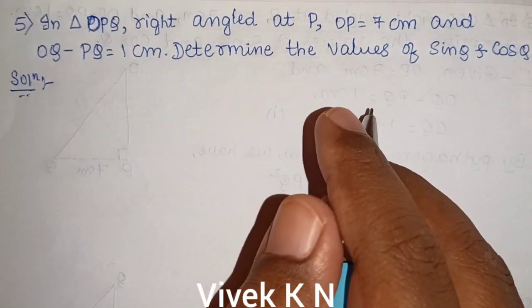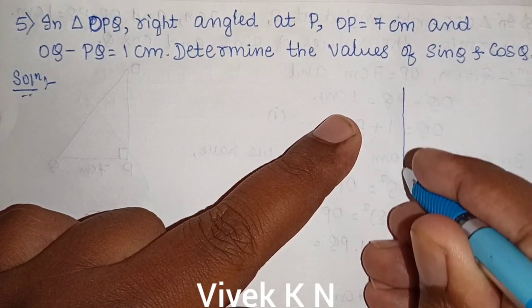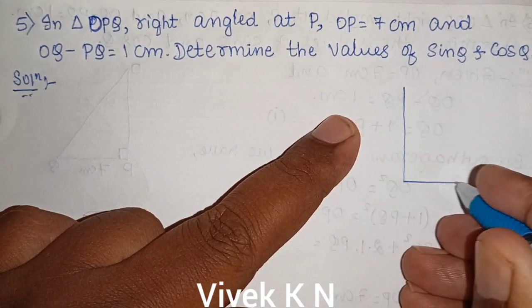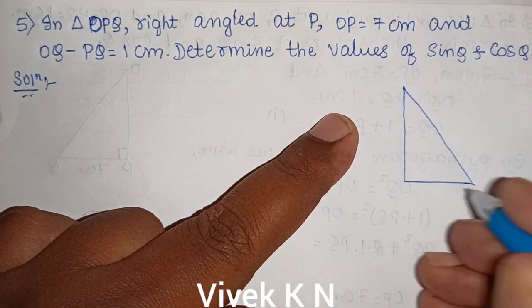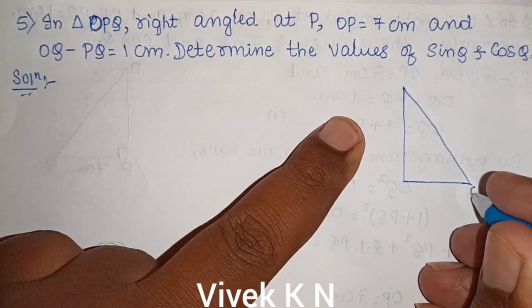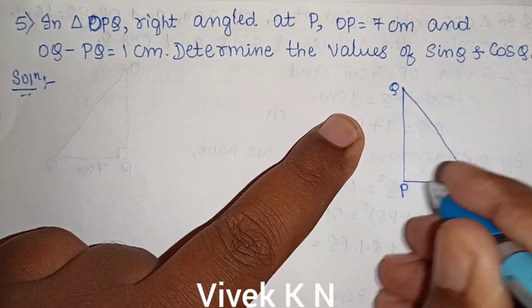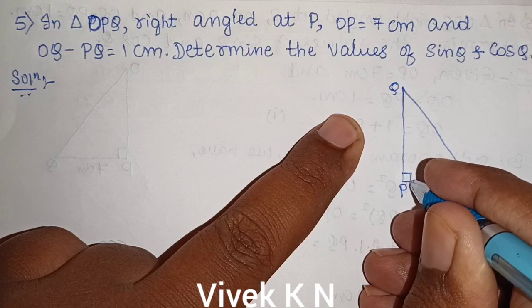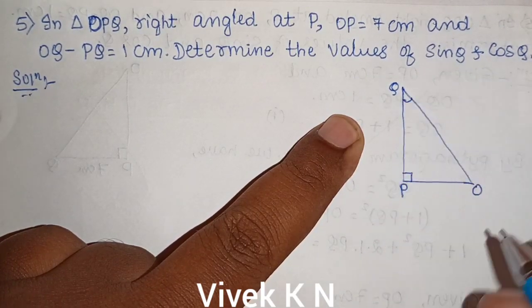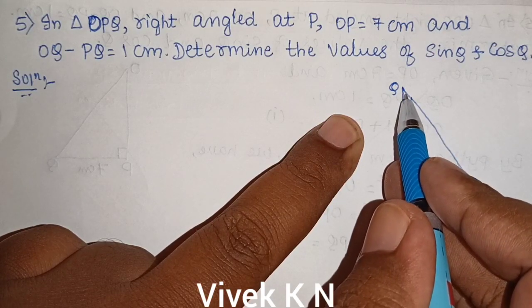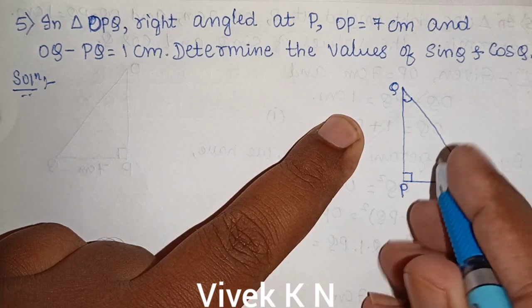Let us draw the right angle triangle. This is right angle triangle OPQ, right angled at angle P. So this is angle Q. The side opposite to Q is OP, so this is known as the opposite side.